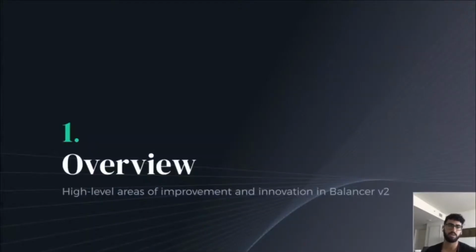Starting off with an overview, looking at the high-level areas where the team focused in developing Balancer V2, and what kind of innovations and improvements have been made.